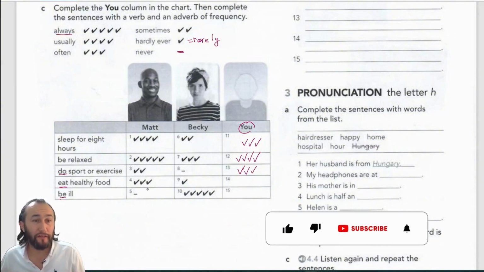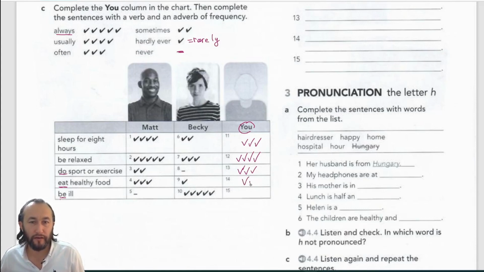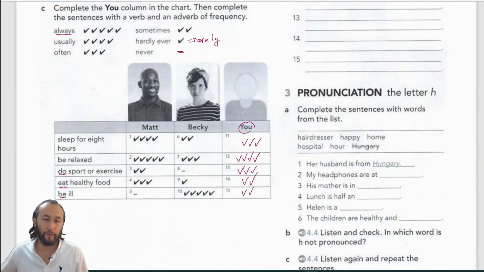So for the sake of explaining, let's go for sometimes. I'm going to put 2 here. Why not? I sometimes eat healthy food. Right. And be ill. Yeah, I am sometimes ill. All right. So that's done now.